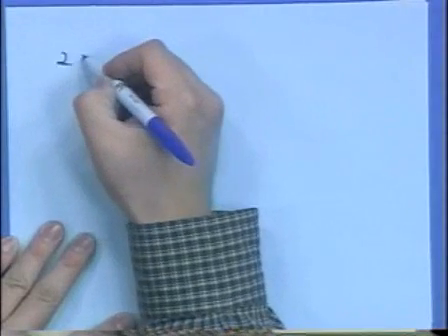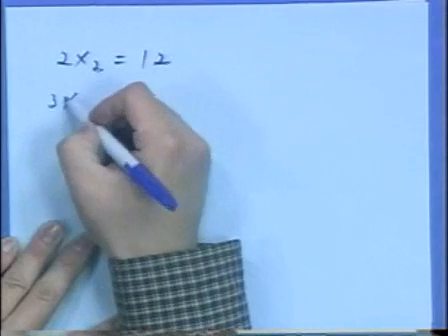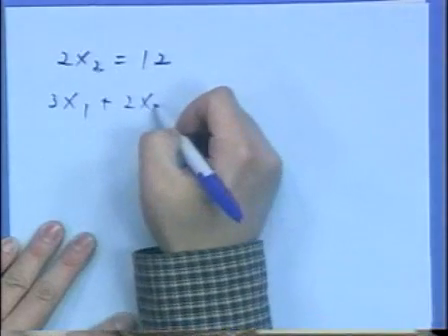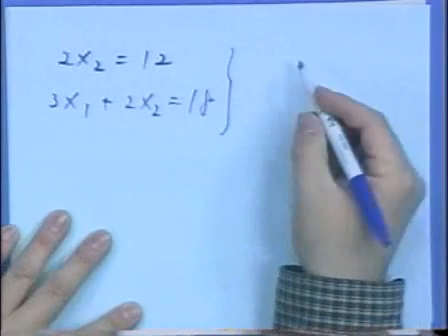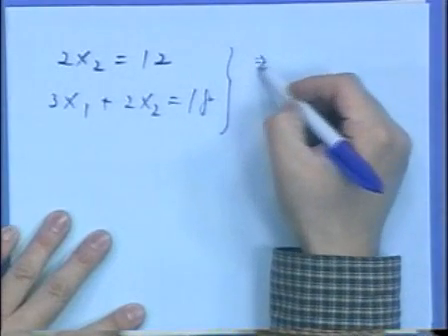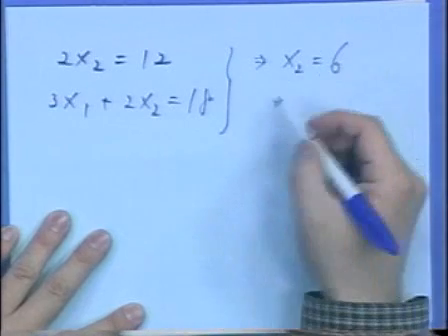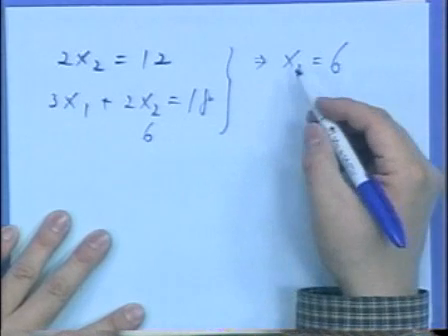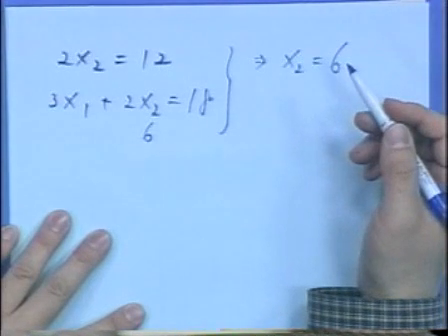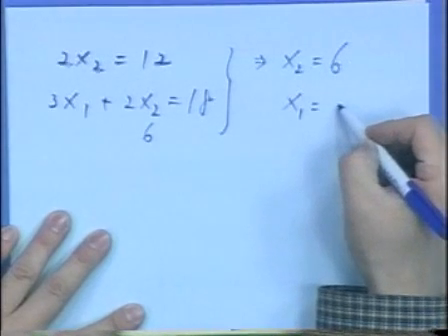So if we solve these two equations, 2x2 equals 12 and 3x1 plus 2x2 equals 18, from this, x2 equals 6. And if x2 is 6, then x1 becomes 2, right?